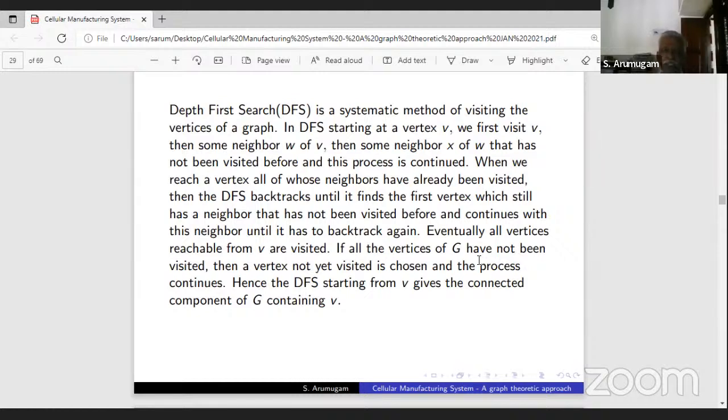Then V3, V7 is used in the algorithm, and so on. So take the set of all edges used in the DFS. What can you say about this set of edges? What can you say about the subgraph induced by this set of edges?